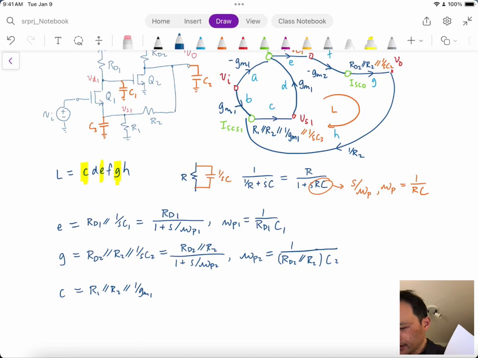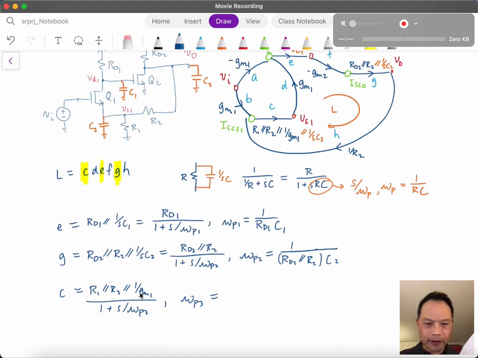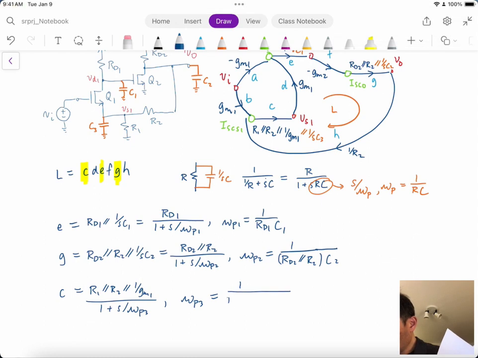And I guess I'll just save the expression: 1 over 1 plus S over omega P3, where omega P3 is 1 over the product of the original resistance, R1 in parallel with R2, parallel with 1 over GM1, multiplied by the capacitance C3.